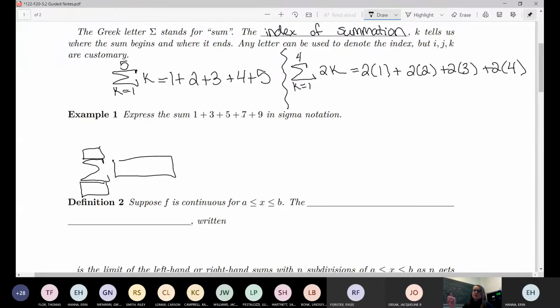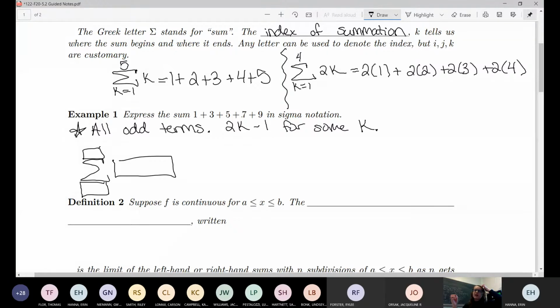So notice that all of these terms, 1, 3, 5, 7, and 9, are all odd. They're all odd terms. And I don't know if any of you would have seen this before in your life, but there is a specific way we can write absolutely any odd number. Any odd number is going to take the form 2k minus 1 for some k.